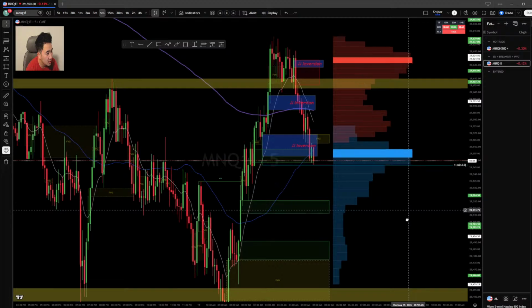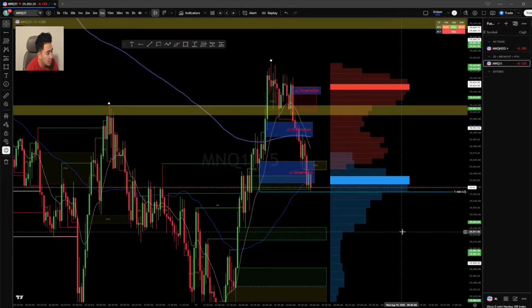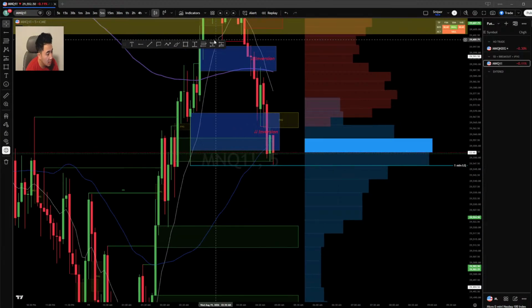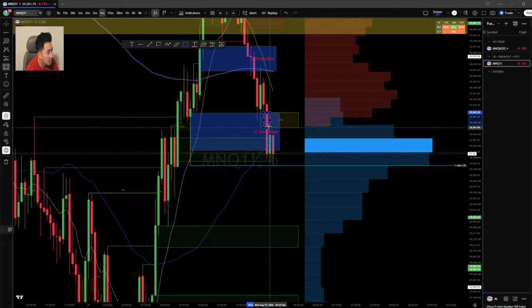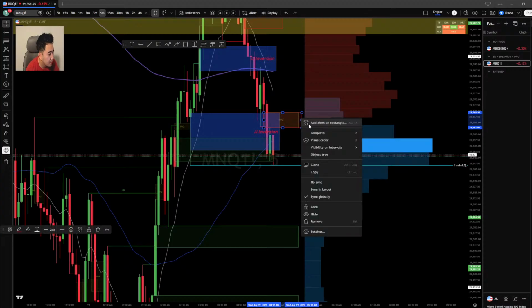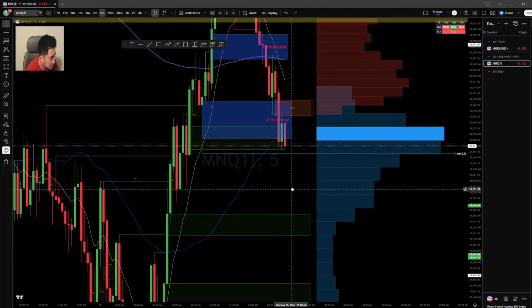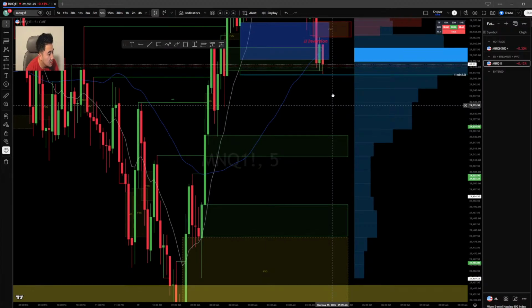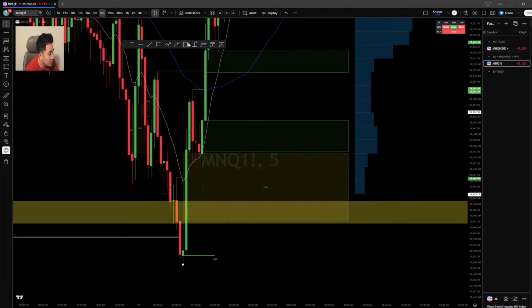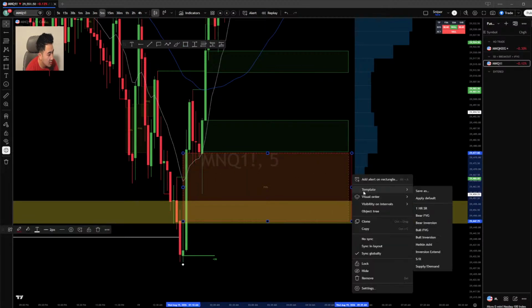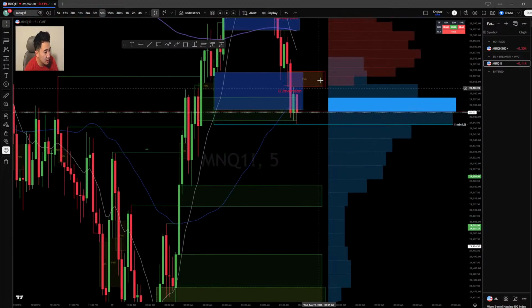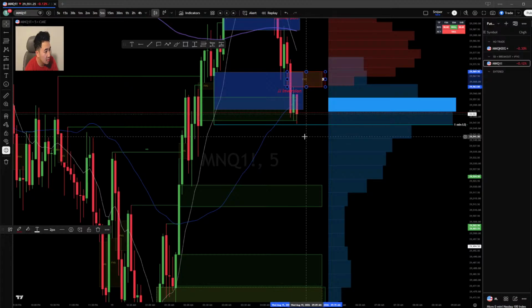Alright, price may continue to push down. We have this 5 minute gap right here, a bearish FVG. And then we have this bullish FVG here. I'm going to put a 5 next to it, just letting me know that it's on the 5 minute and not the 1 minute.